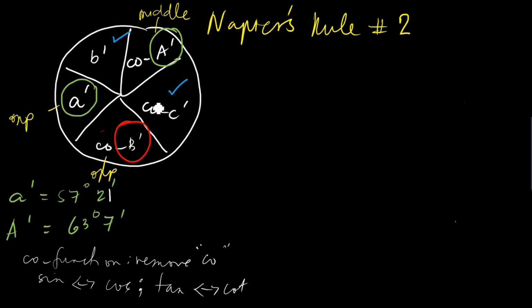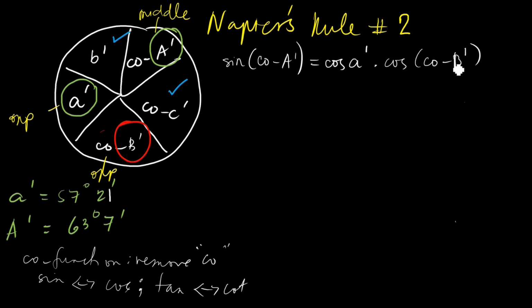In Napier's rule number 2, sine of the middle part, so complement of the big A prime, equals, since we do have opposite, cosine small a prime times cosine of the complement of the big B prime. Okay, next. So let us have the final formula.